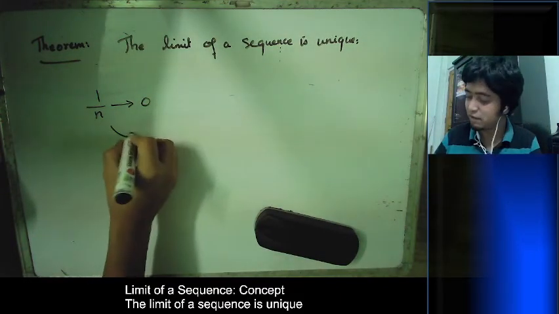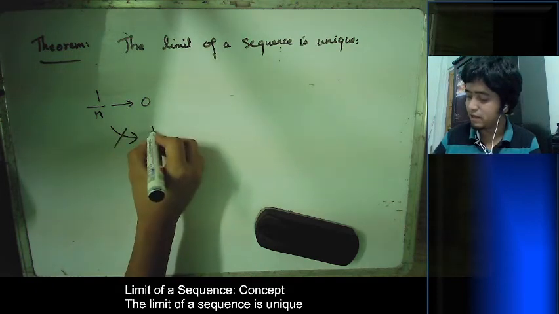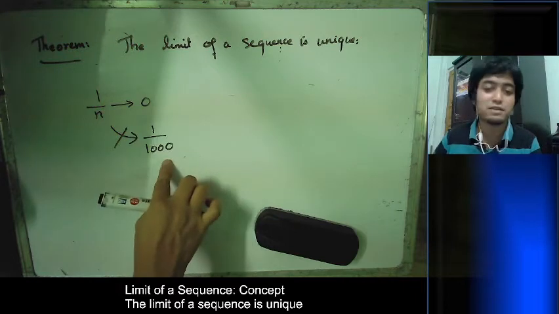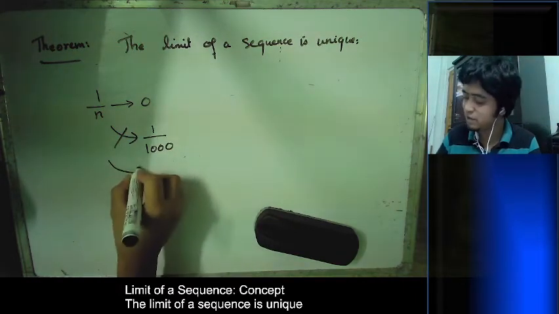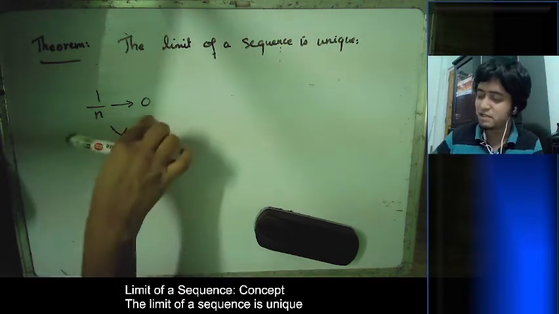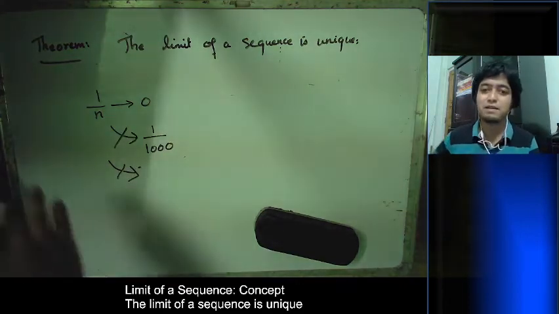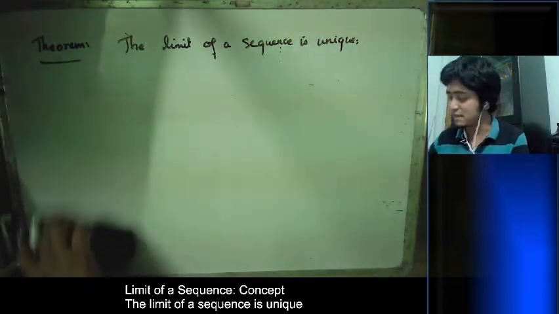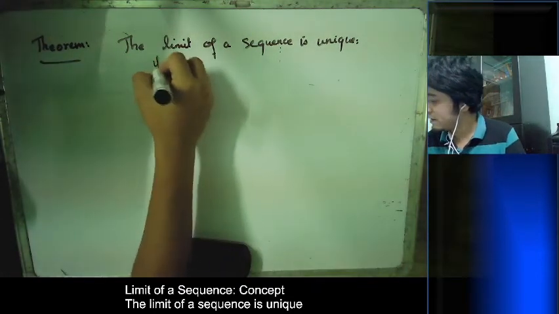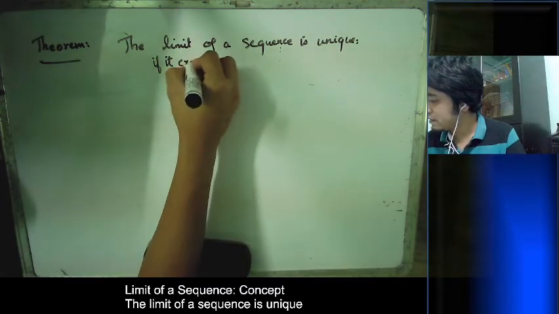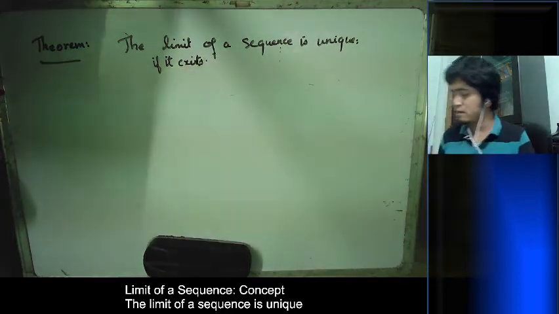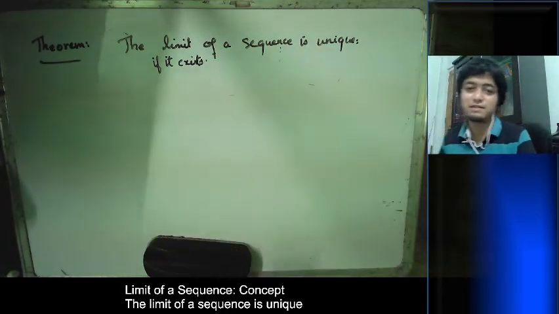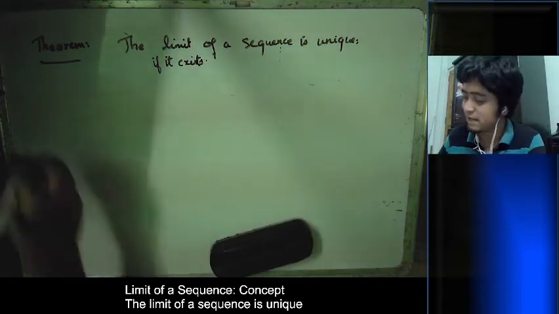It cannot converge to any other value, let us say 1/10,000. It will not converge to this number, or to any other number, because it already converges to 0. That is, there can only be one limit for one sequence if it exists. The limit, if it exists, of a sequence is unique. So let's see the proof.